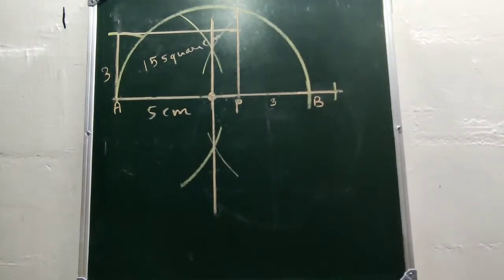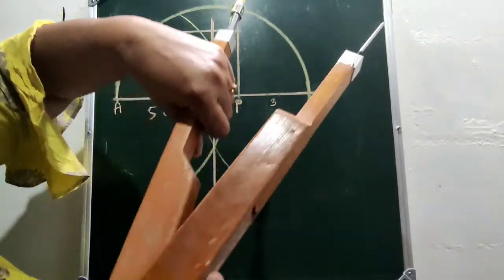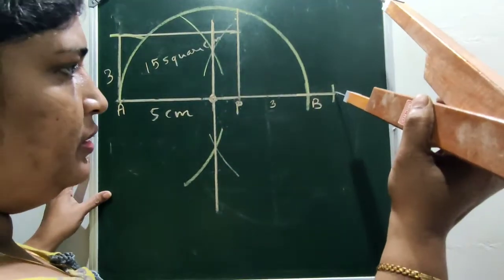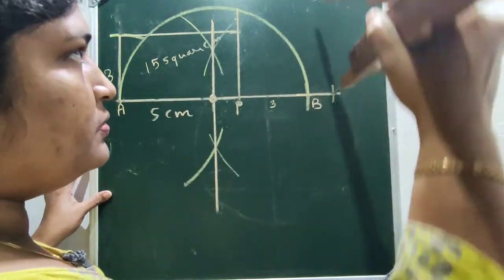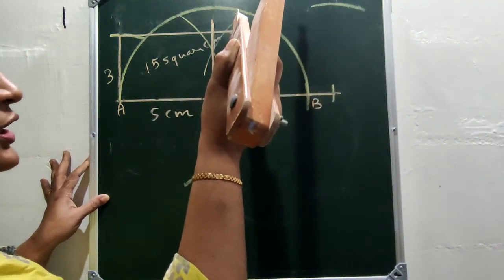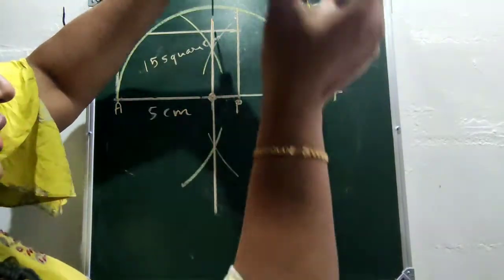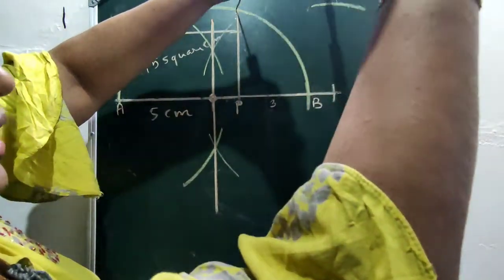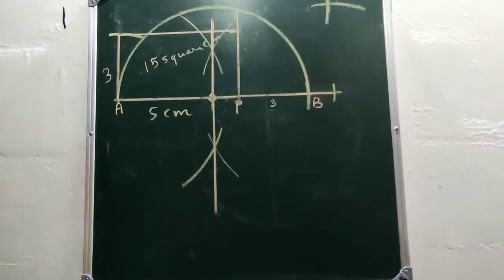Now take the very same length on the compass and keeping this point as center, draw an arc like this. Similarly, with that point as center, draw another arc like this. So complete the square.